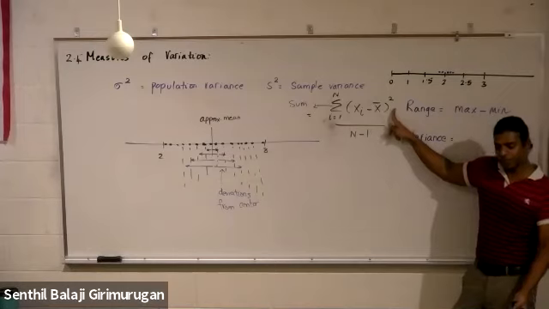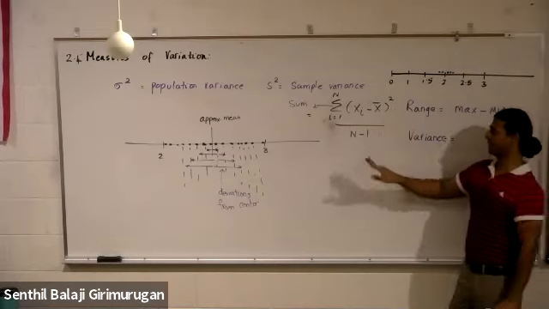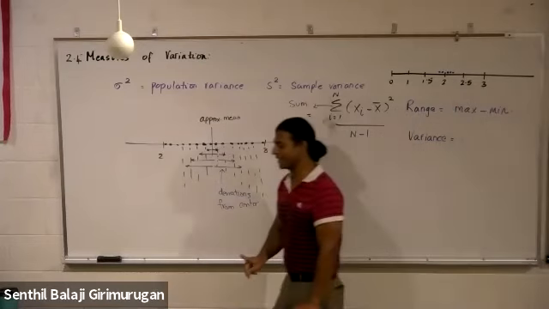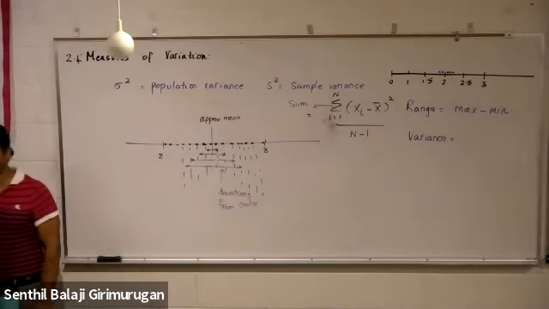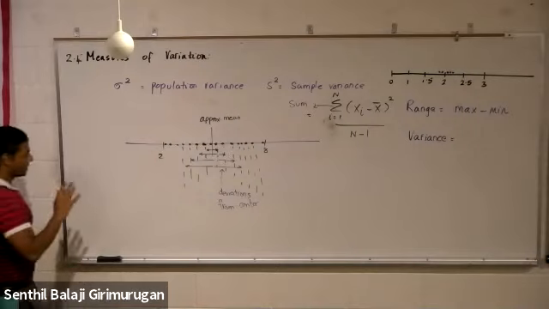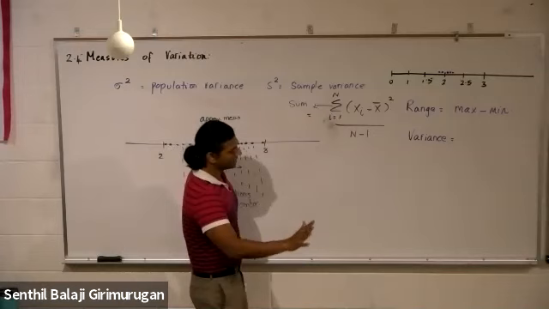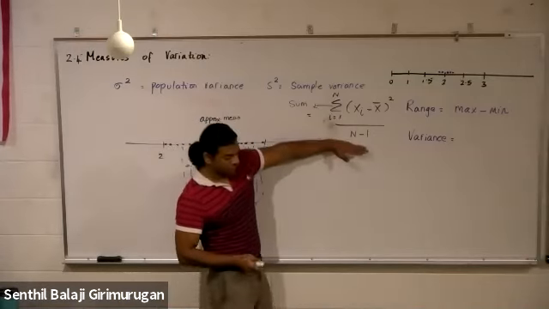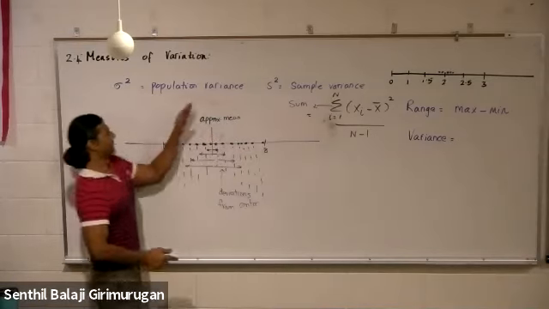And I also mentioned it has to be an average, so I'm going to divide by n minus 1. You may ask me, well, average simply means divided by n. Why did you put n minus 1? Well, that gets into advanced statistics. I'm not going to go there. This is the formula for sample variance.